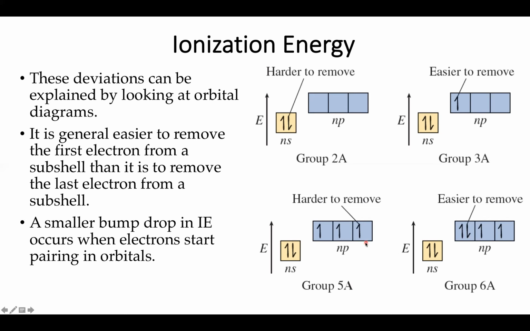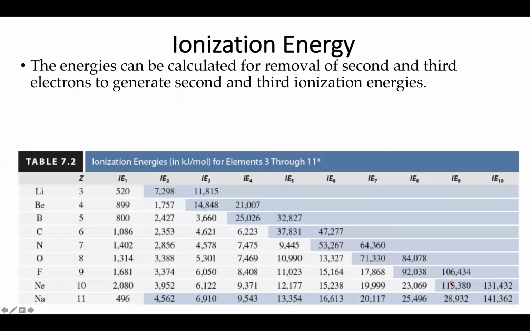So in general, as I go across the periodic table, it's going to be harder and harder to remove an electron. However, we see a small dip when we go from group 2 to 3, and when we go from group 5 to 6. And we can use this to help identify general behaviors of elements by looking at our ionization energies.